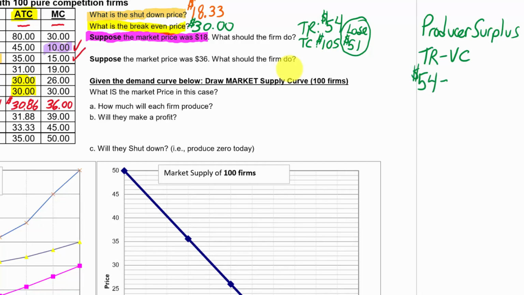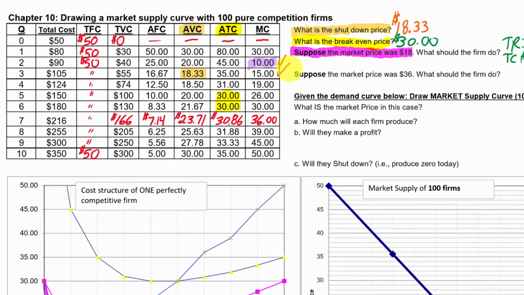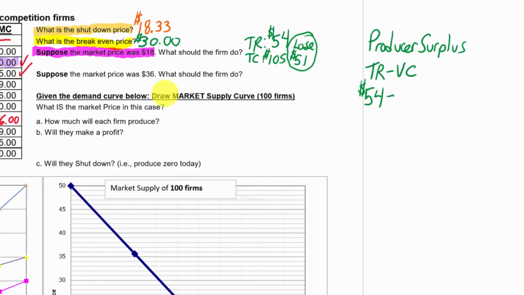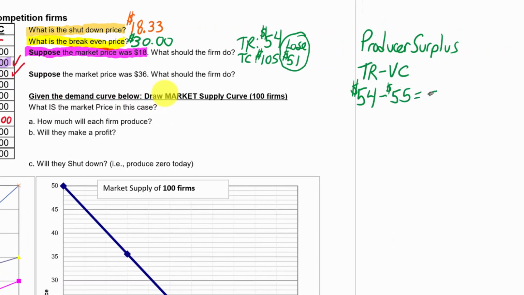If we subtract off variable costs, our variable costs here when we're producing 3 units are $55, equals minus $1 in producer surplus. So producer surplus is the amount of money a business has left over after it pays its variable costs. And what it uses that producer surplus for is to try to pay off its fixed costs.